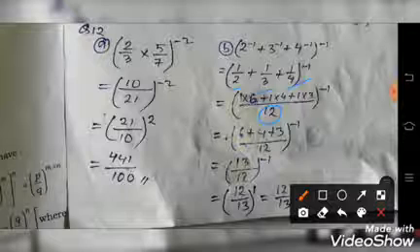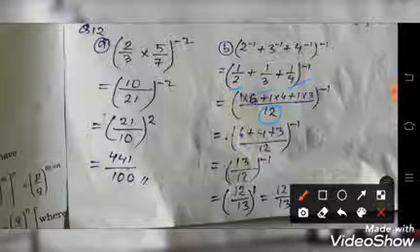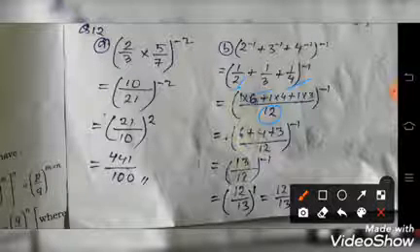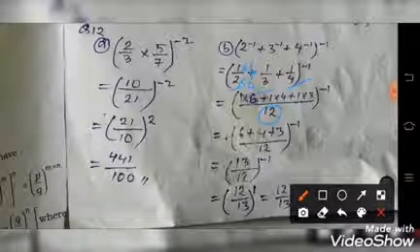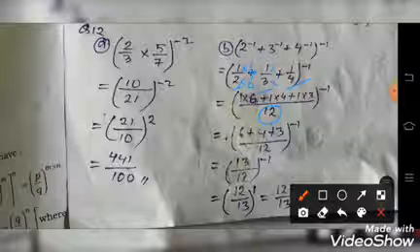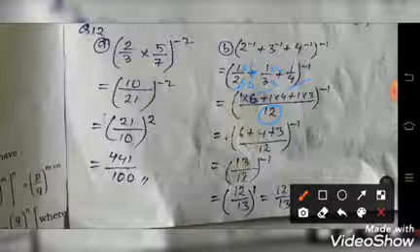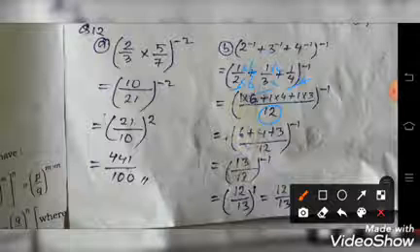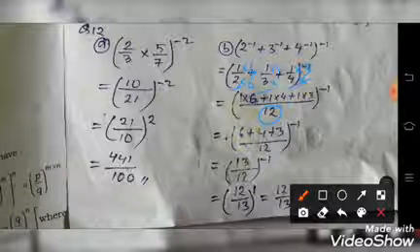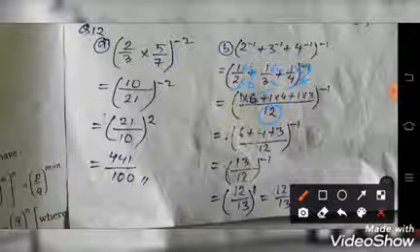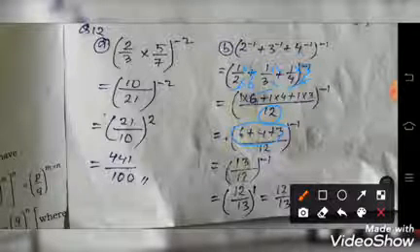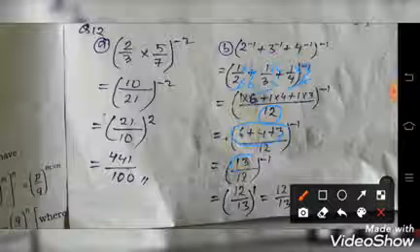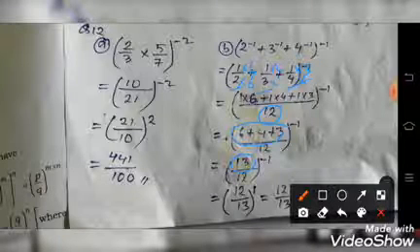After taking the LCM, you can simplify it. 2 into 6 is 12, so I put here 1 into 6. 3 into 4 is 12, so I put here 1 into 4. And 4 into 3 is 12, so I put here 1 into 3. After this, you add these 3 together, and you'll get 13 by 12.